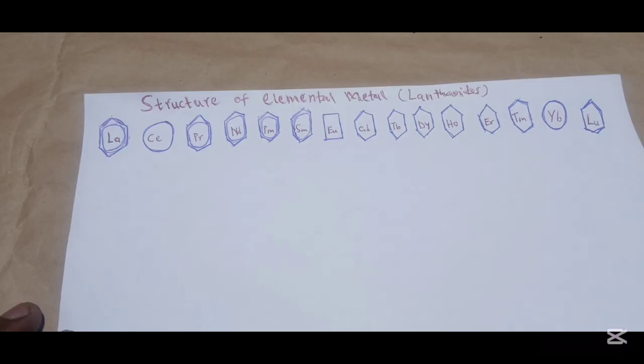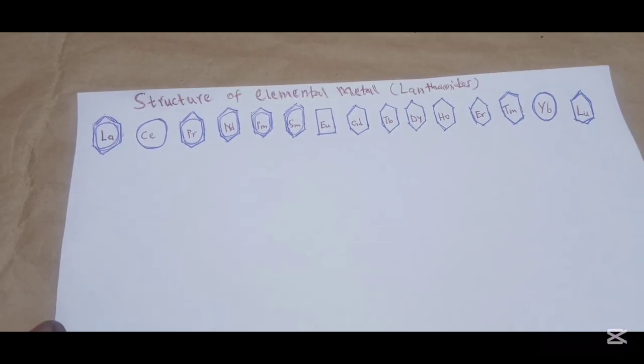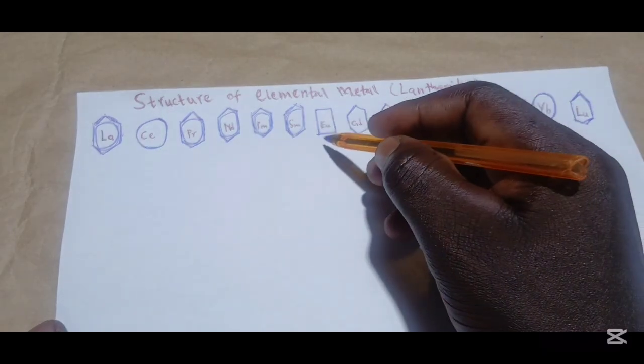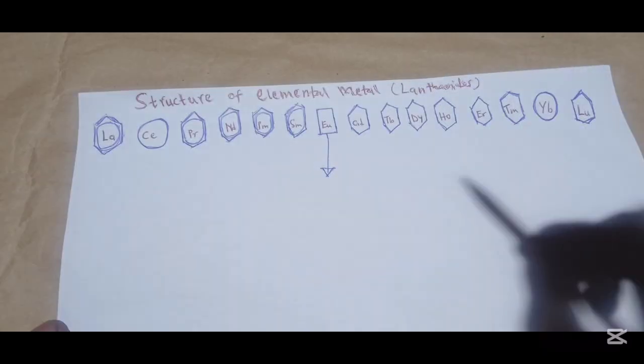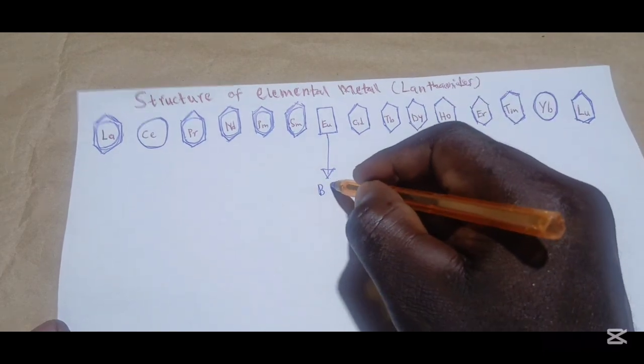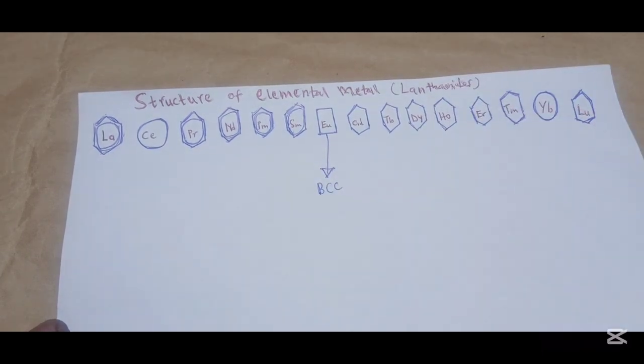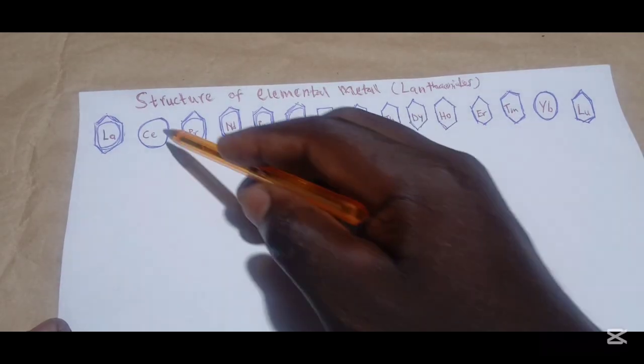We have europium, showing BCC, body-centered cubic. So first of all, figure out the exceptional one: europium, BCC. After that, let's look at the second one from the left and the second one from the right.